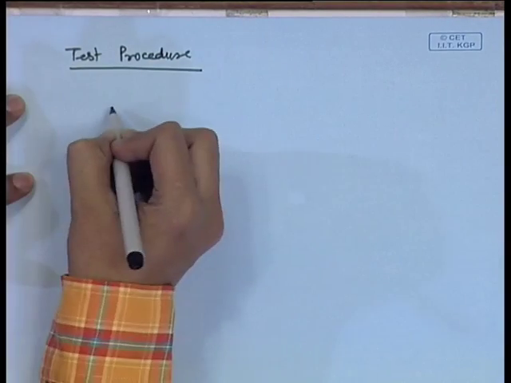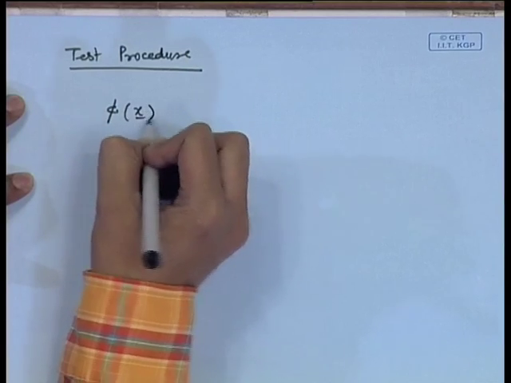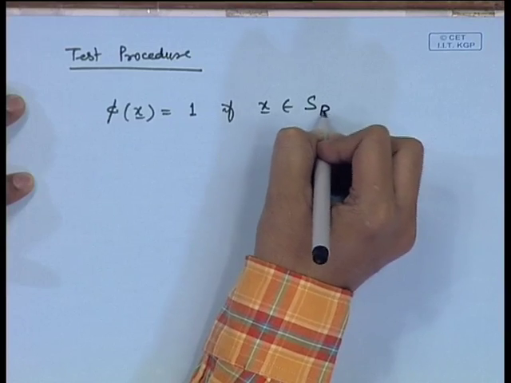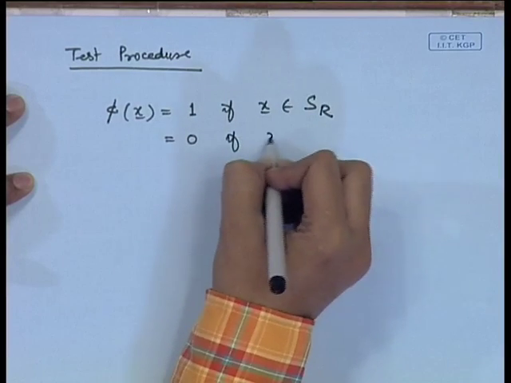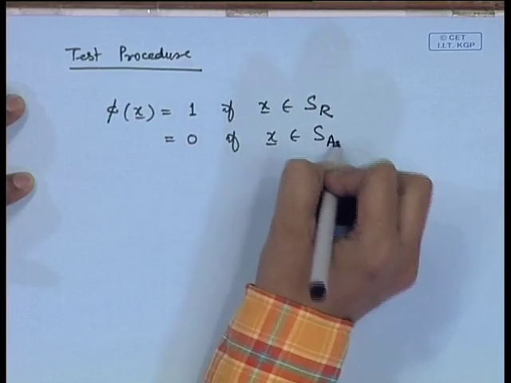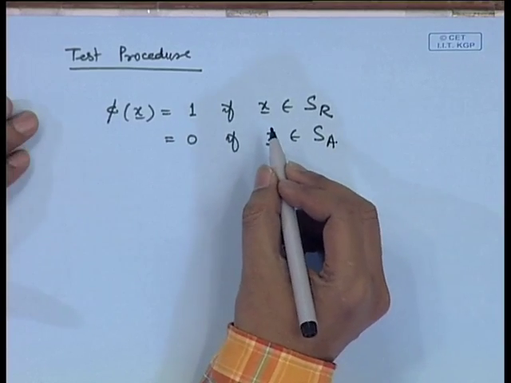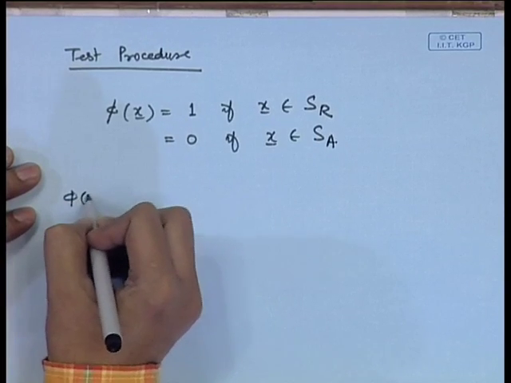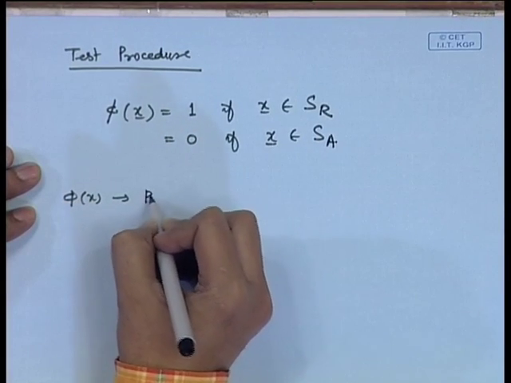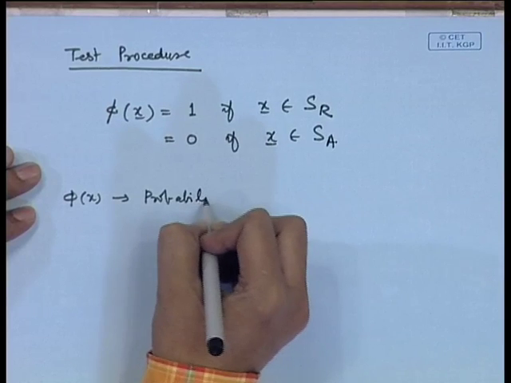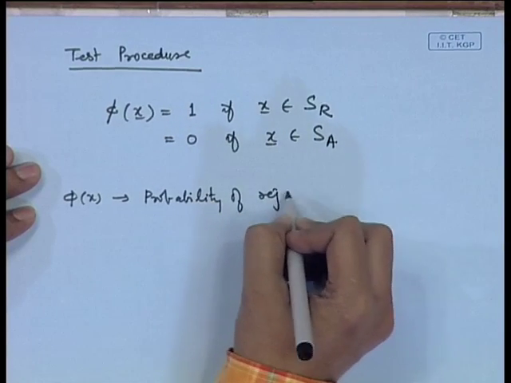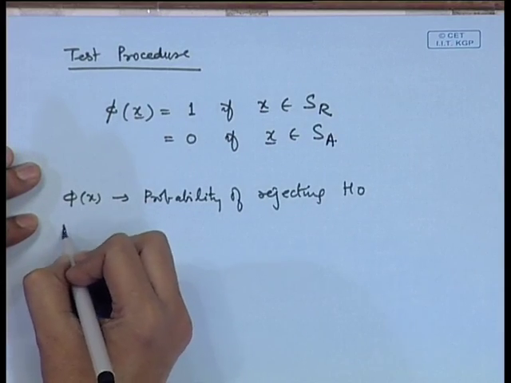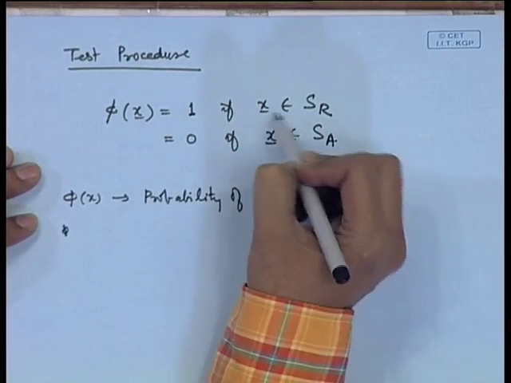We are saying phi x is equal to 1 if x belongs to S R, it is equal to 0 if x belongs to S A. So, the interpretation that we can give is that phi x is the probability of rejecting H naught.